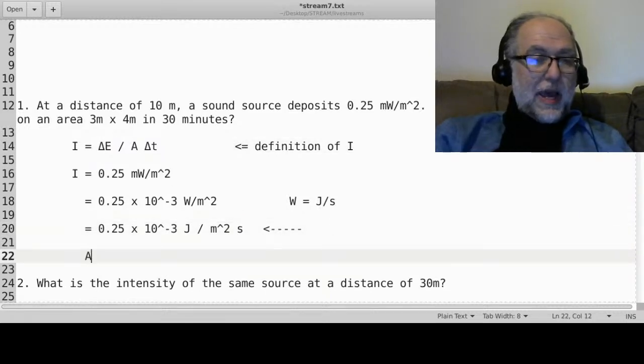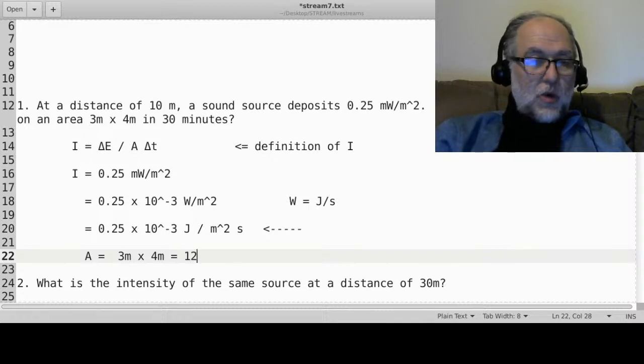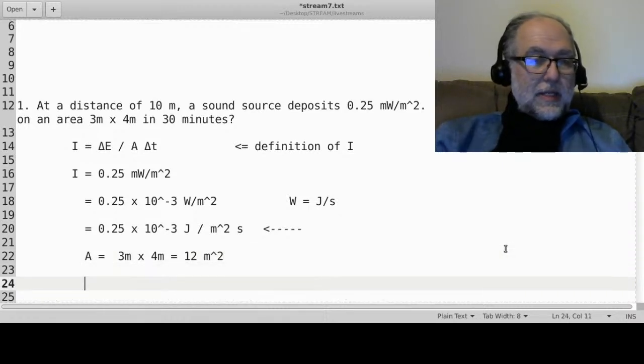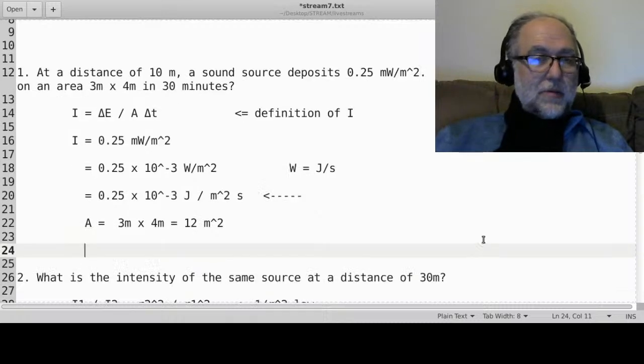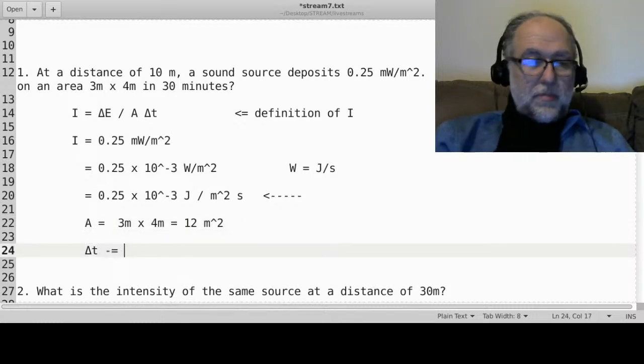Now, how much area do we have? Our area, I told you, was a 3 by 4 meter square area, which is basically 12 meters squared. There's the A. The time, delta T: how long is this going to go on for? Delta T is 30 minutes.